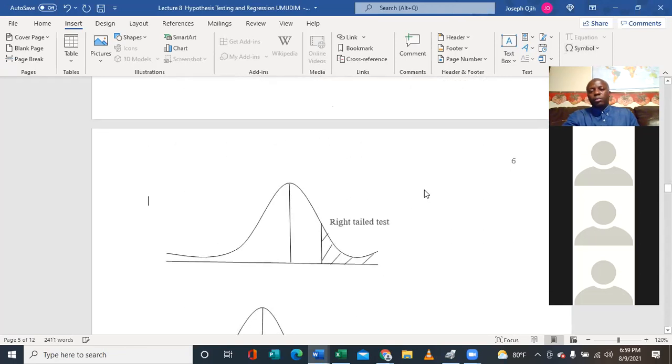For right-tailed test, we can state the hypothesis this way. We can have mean less than or equal to K as our H0, and H1 might be mean greater than K. As you can see, the greater than always tells you that it's on the right side.